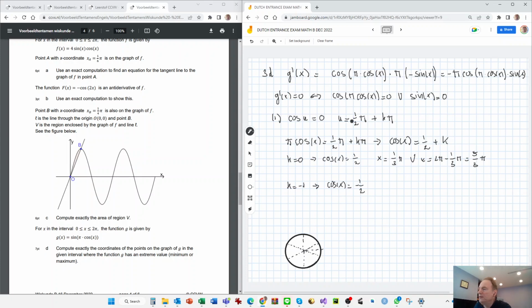So this is pi, so it's pi minus a third pi, which is 2/3 pi, or pi plus 1/3 pi, which is 1 1/3 pi.